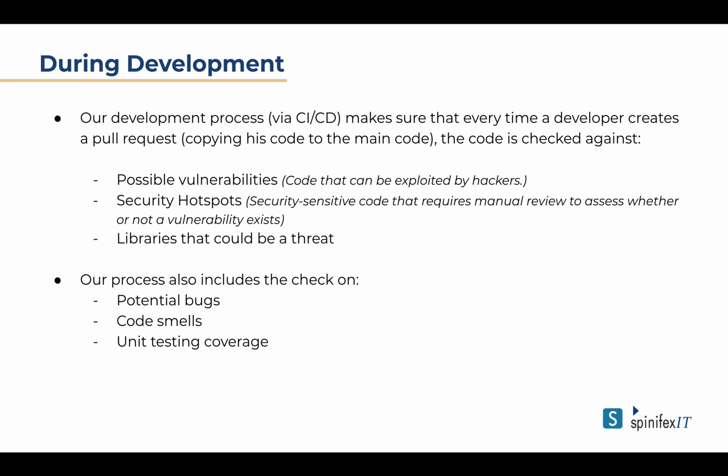Our development process ensures that every time a developer tries to add some code, the code is checked against vulnerabilities, hotspots, and libraries that we are using that are tagged as potentially dangerous. So all of these are raised to us before it's even shared with a senior developer.